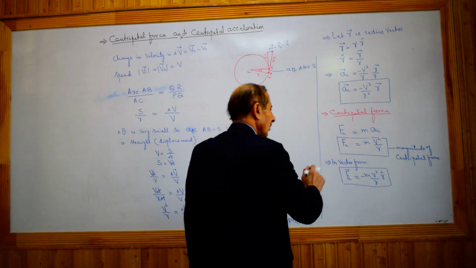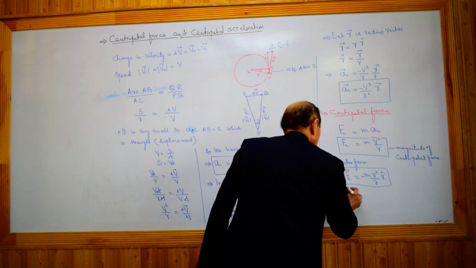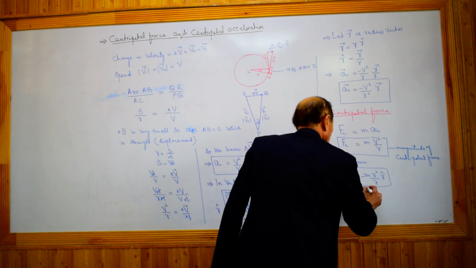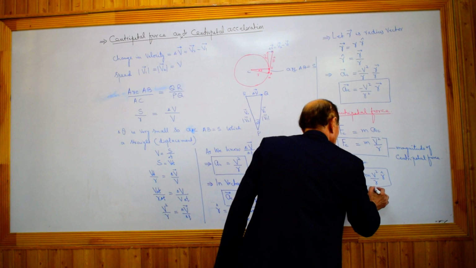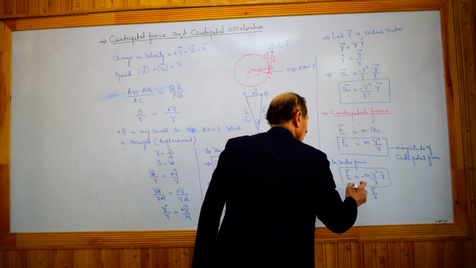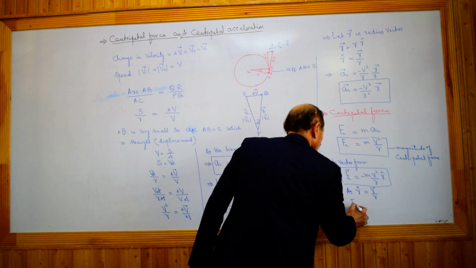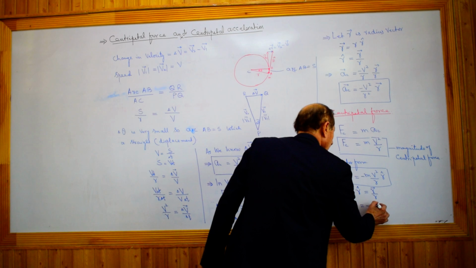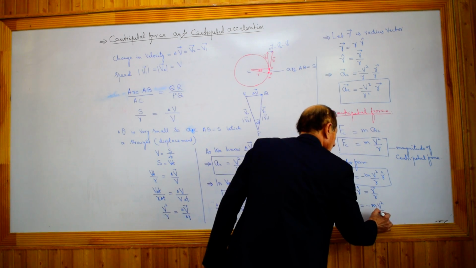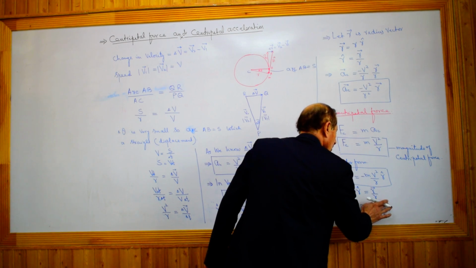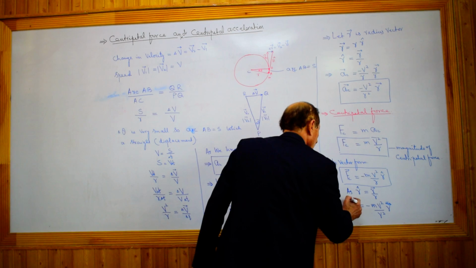Now if instead we put our unit vector equal to our position vector divided by r, then putting this value, centripetal force is equal to minus m v square divided by r square times the position vector. So this is another form of the centripetal force.